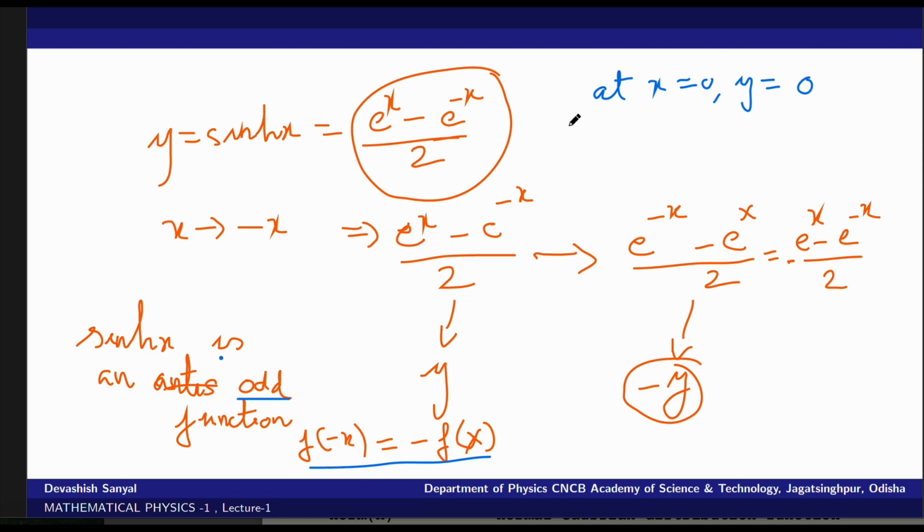And when x is much larger than 1, y behaves as e to the power x, because e to the power x is much greater than e to the power minus x.